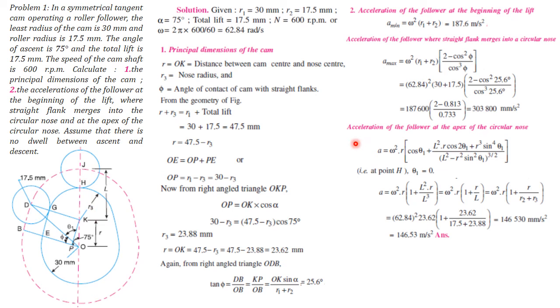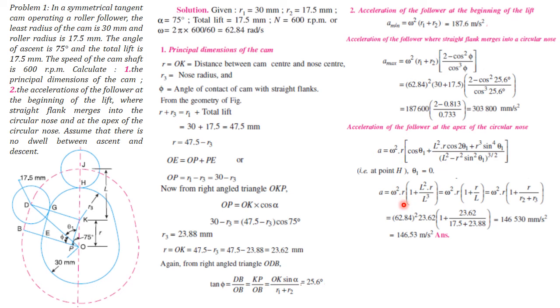So the formula to find the acceleration we have already seen in the previous section. Looking into this formula, theta 1 is the only variable, and theta 1 comes to us as 0. So putting the value of theta 1 equal to 0, we know the value of omega, and we know the value of r.